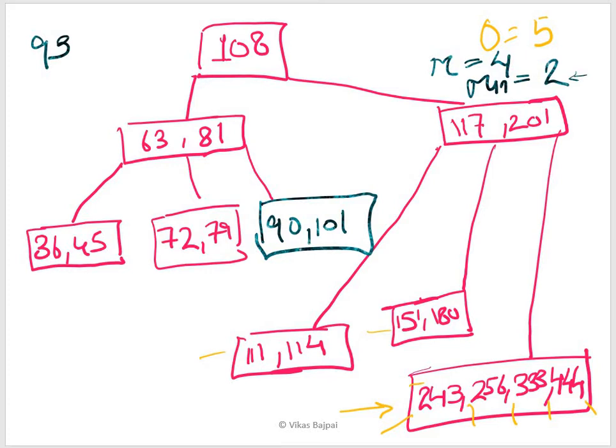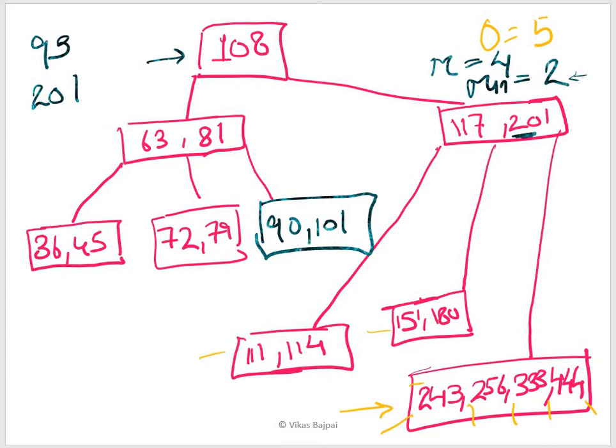Now let's remove another value, let's say 201. So I have to identify it. I have come to this side, and I have to move towards the right, because 201 is of course greater than 108. I identified that, somewhere here.